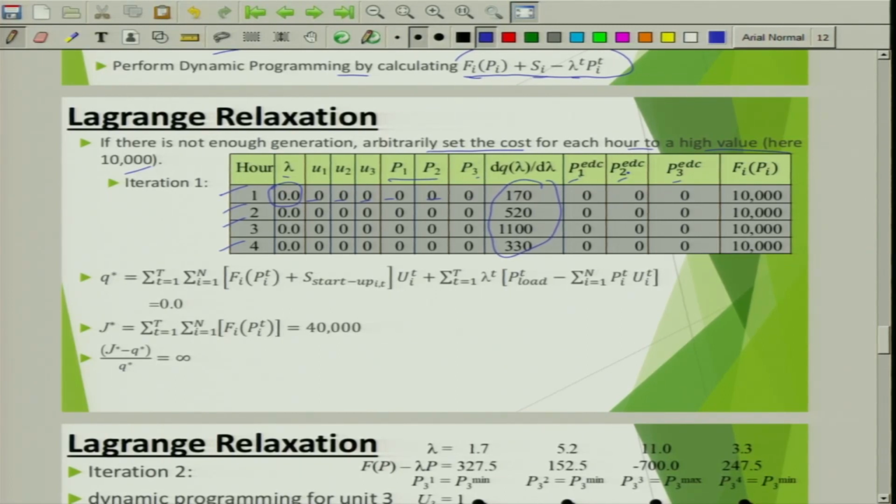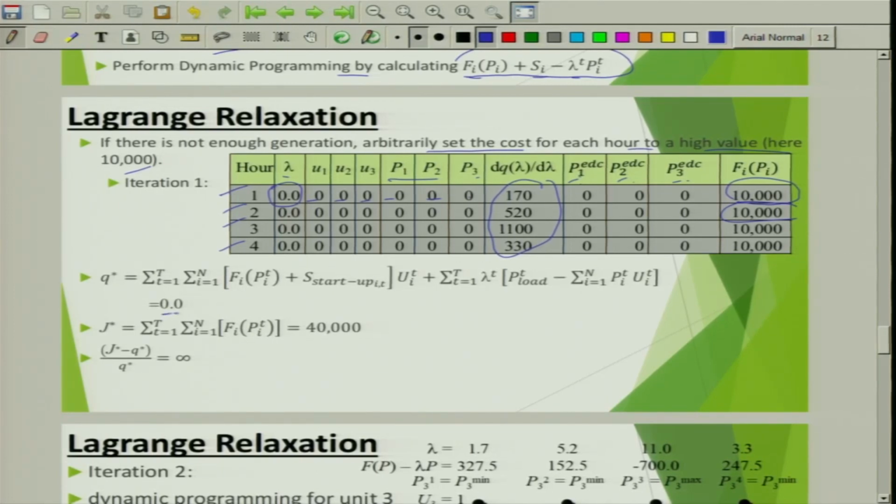Now we cannot carry out economic dispatch, because generation is not equal to load, because the generations are negative and we cannot turn them on, so we turned them off. So P1 ADC, P2 ADC, P3 ADC are also 0. You need not optimize now, there is no question of optimization when the generator is in an off state. Then you consider the fuel cost f of p as some random number, 10,000.